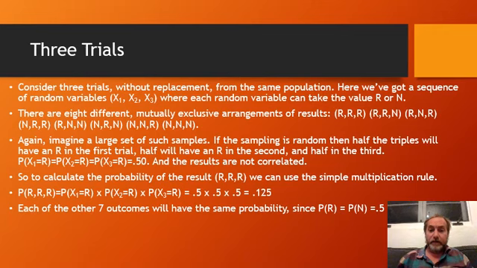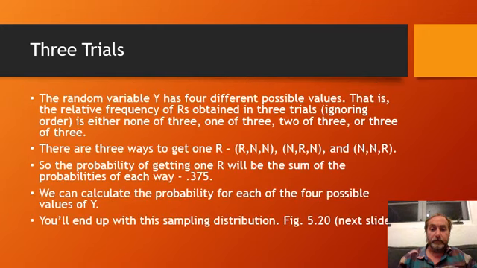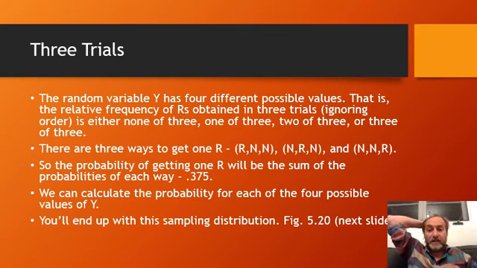And then you can calculate the probabilities of all the other outcomes as well, right? So the random variable y has 4 different possible values. Out of the 8 outcomes, many of them are going to have the same relative frequency of reds.